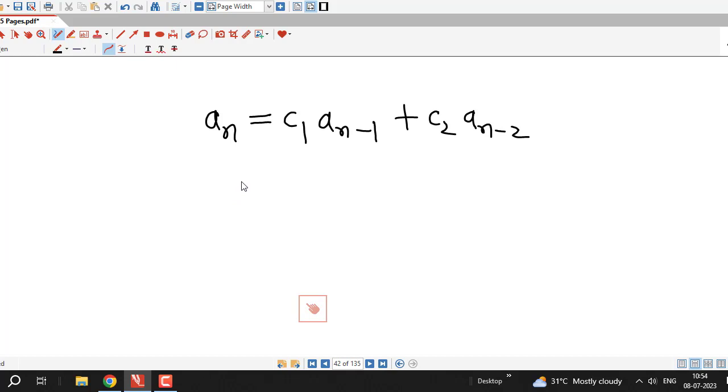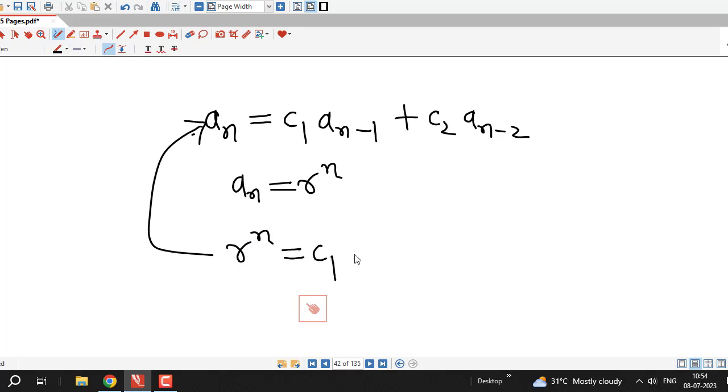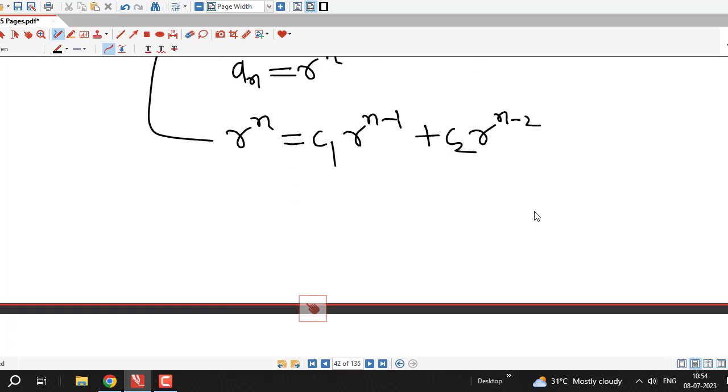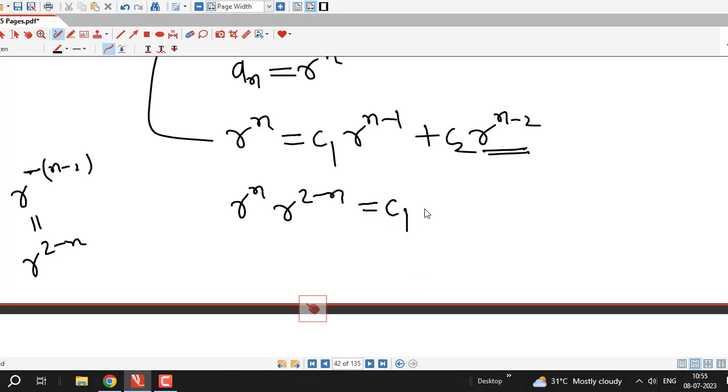First we assume that the solution is in this form, so we can substitute an equal to r raised to n in this recurrence relation. If I put an equal to r raised to n, I have r raised to n equal to c1 times r to the power n minus 1 plus c2 times r to the power n minus 2. Then I divide by the lowest degree of r, or I multiply by r to the power minus of n minus 2, or r to the power 2 minus n. So I am multiplying each term by r to the power 2 minus n.